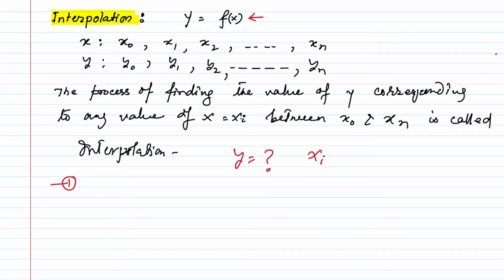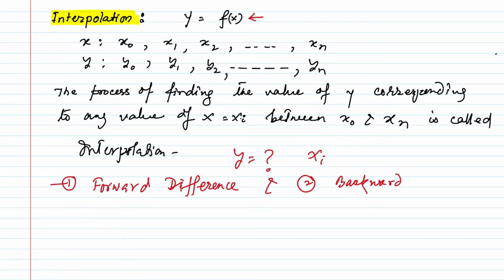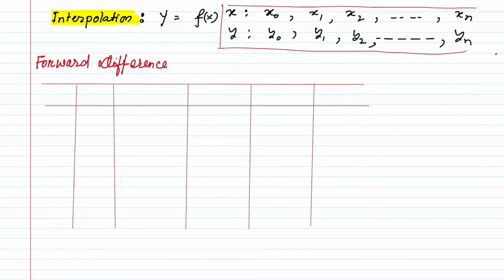Number one is the forward difference table, and another is the backward difference table. Accordingly we will get two formulae, Newton's interpolation formulae: one is forward interpolation and another is backward interpolation.